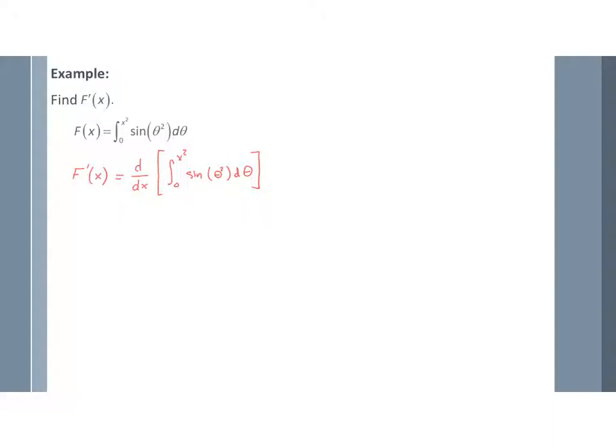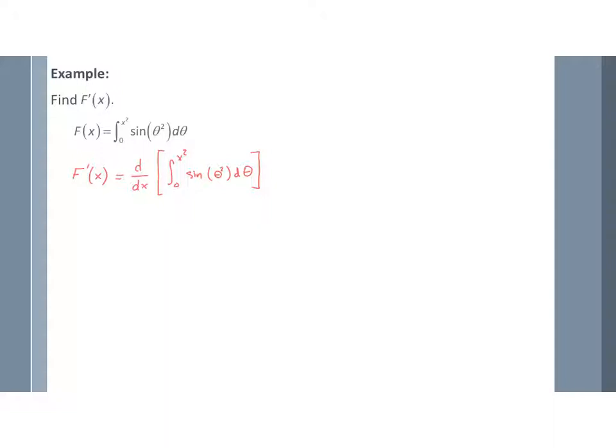If you notice, we're differentiating with respect to x. However, the upper limit of integration is not x. The upper limit of integration is x squared. So what we want to do is make a variable substitution, or just think of it as the chain rule.